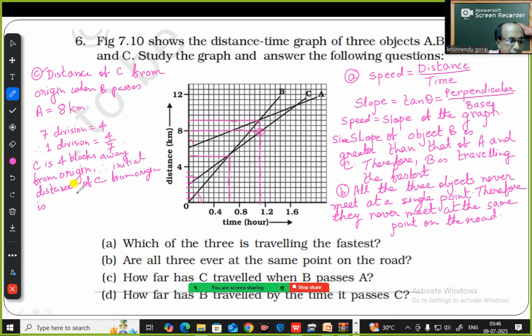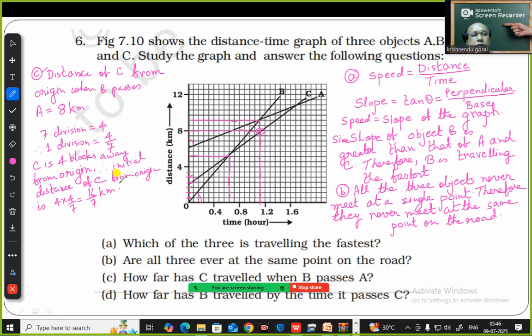We can write it as: 1 division is 4 by 7, there are 4 blocks, that is 4 into 4 by 7, that is 16 by 7 kilometer.